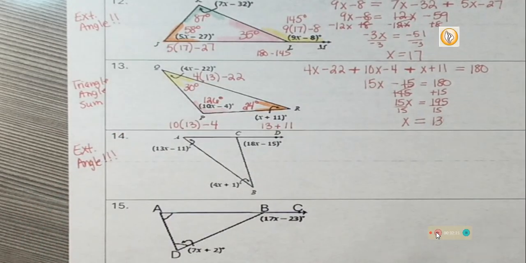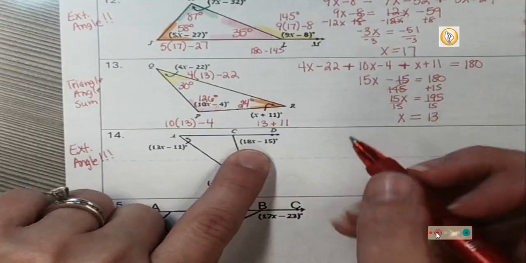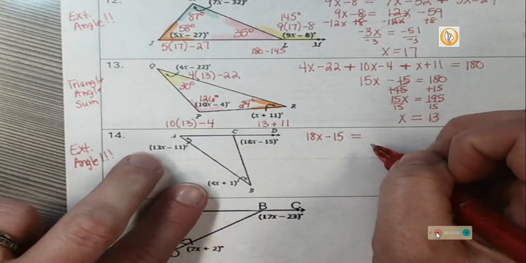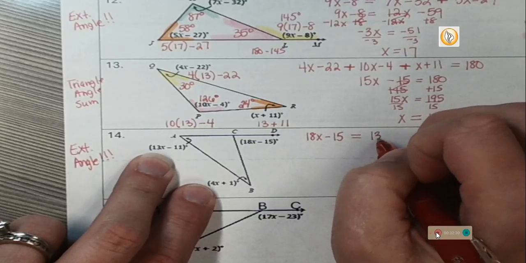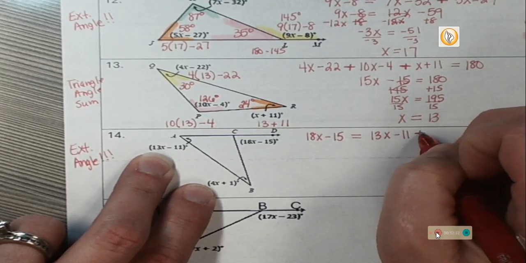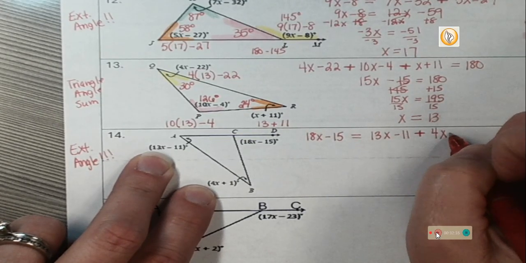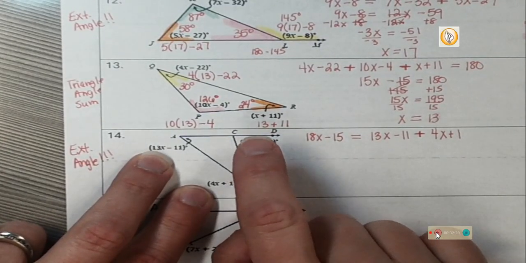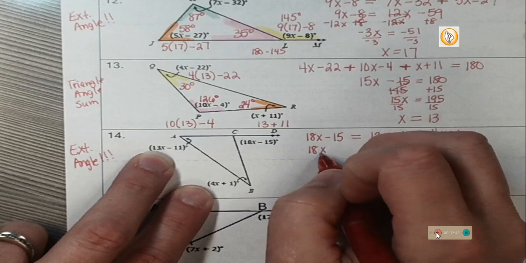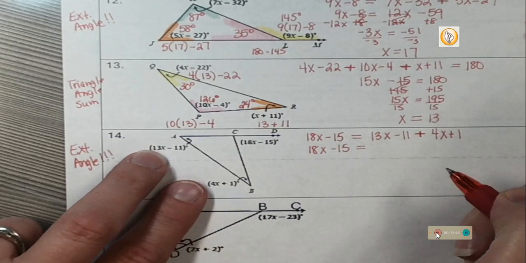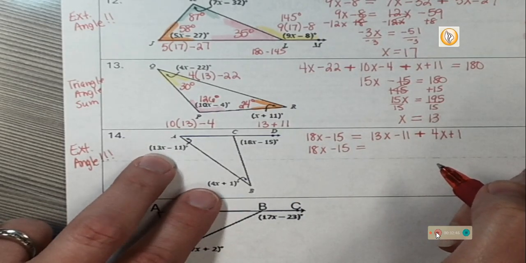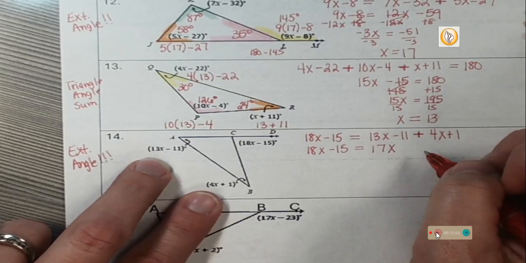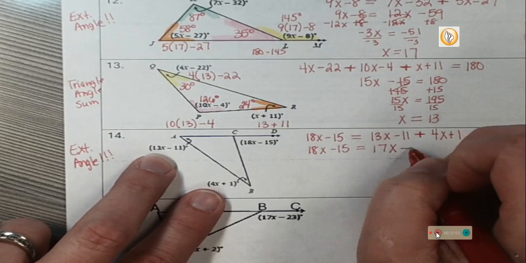I got to use exterior angle theorem, which says this exterior angle, 18x minus 15, equals the sum of these two. Now, I'm going to write it out so that when you look at your notes, you know where it came from. So I'm going to go ahead and add these. 13x plus 4x gives me a total of 17x, and negative 11 plus 1 is negative 10.